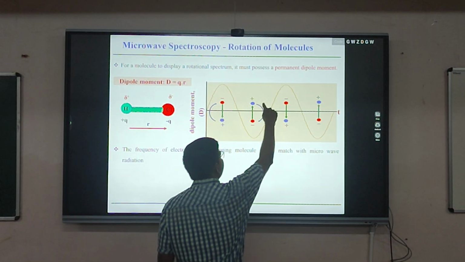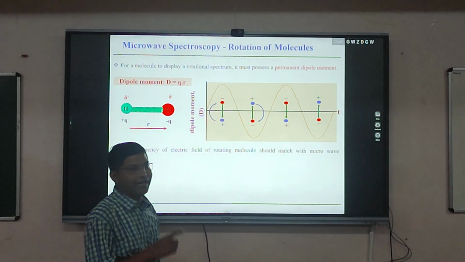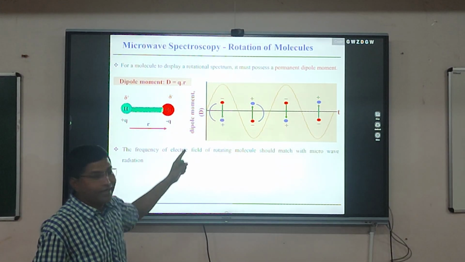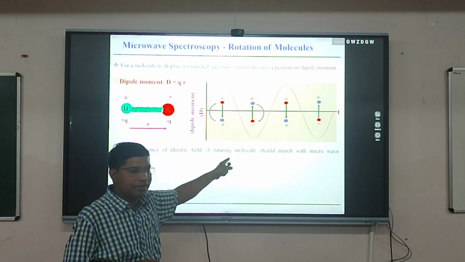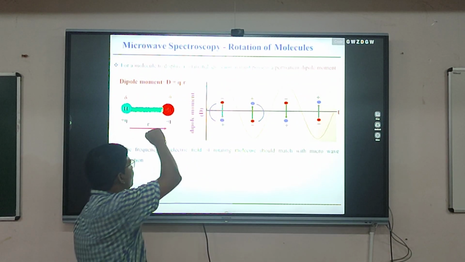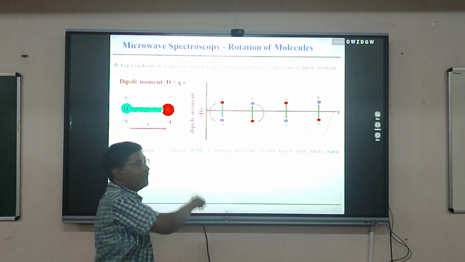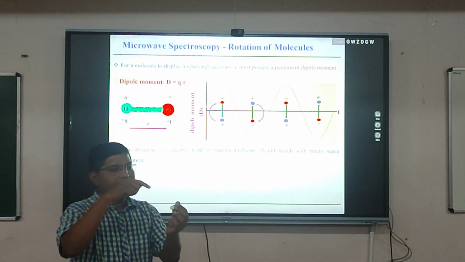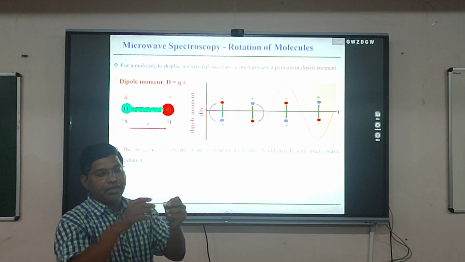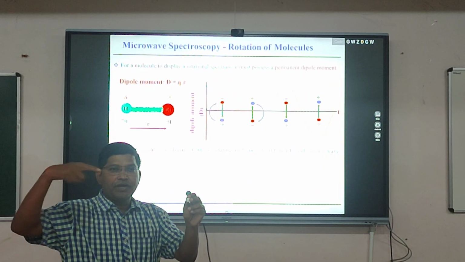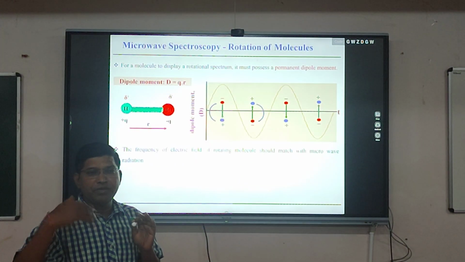If any rotating molecule produces an electric field with a specific frequency, and electromagnetic radiation falls on the molecule, then the frequency of this moving body and the microwave radiation frequency should match.